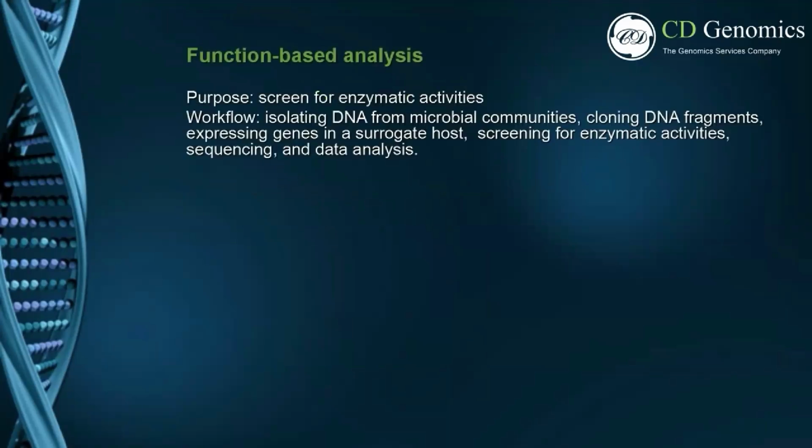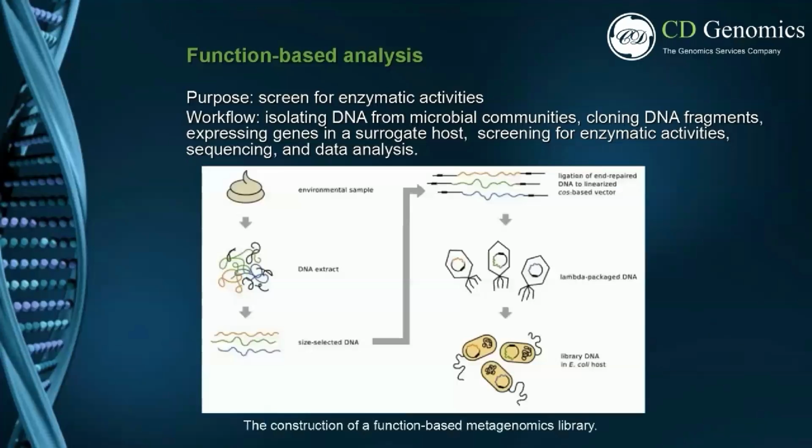Functional metagenomics involves isolating DNA from microbial communities, cloning DNA fragments, expressing genes in a surrogate host, screening for enzymatic activities, sequencing, and functional analysis. When it comes to the construction of a metagenomic library, cosmid or fosmid-based libraries are often preferred, due to their large and consistent insert size and high cloning efficiency.